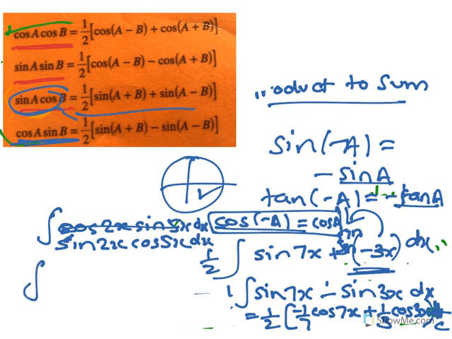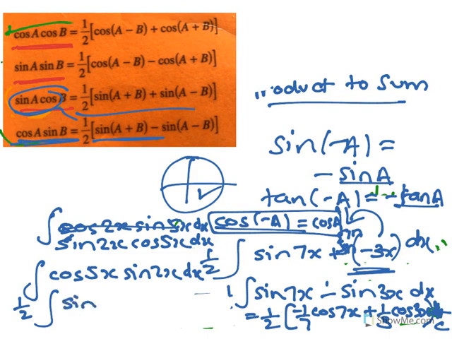But if you use the other one, then what you do is you make it cos 5x sine 2x, and you make the a always the bigger one, because then you get a half, and if you look at this, a half sine a plus b, which is 7x, minus sine a minus b, which is 3x. Okay, and that corrects the sign for you. So that's the products to sums, and you use it to integrate.